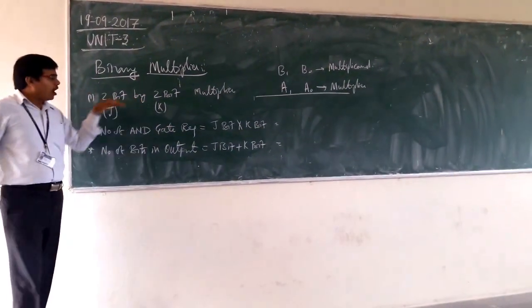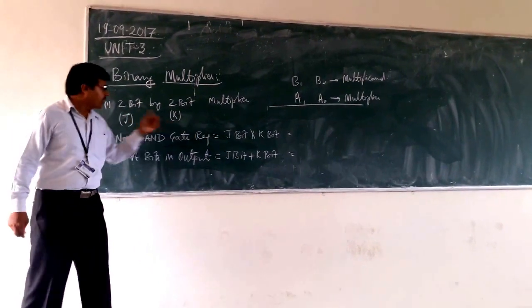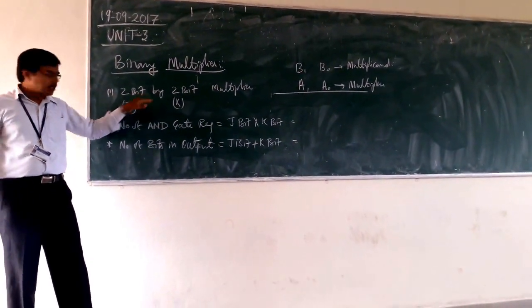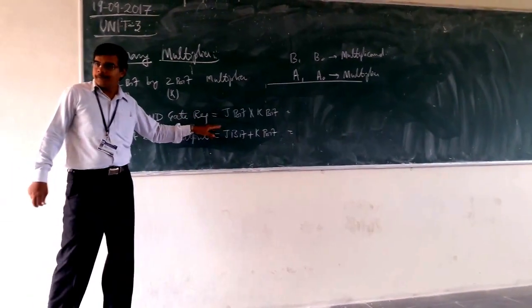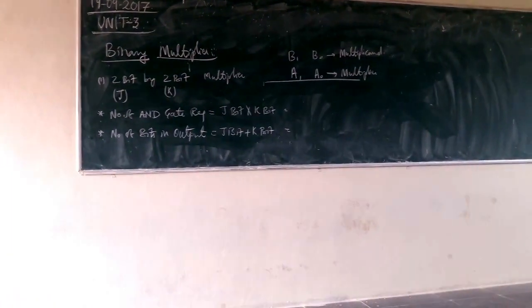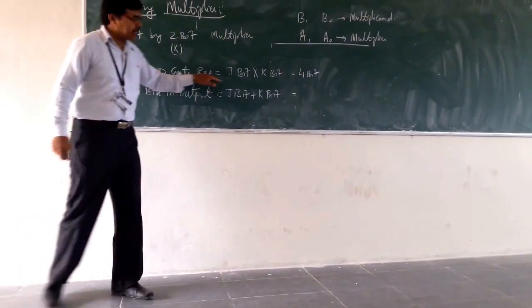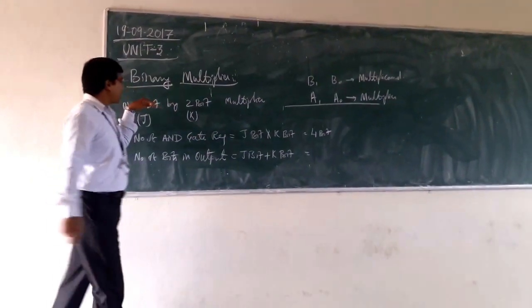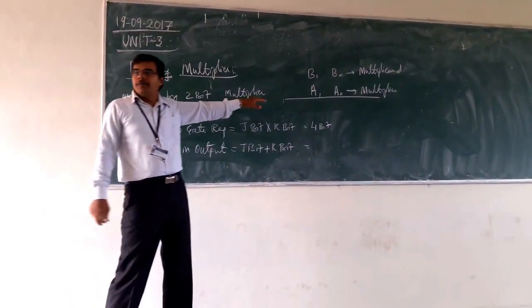So here what will be the number of AND gates required? It is 4, as we are having a 2-bit by 2-bit multiplier.